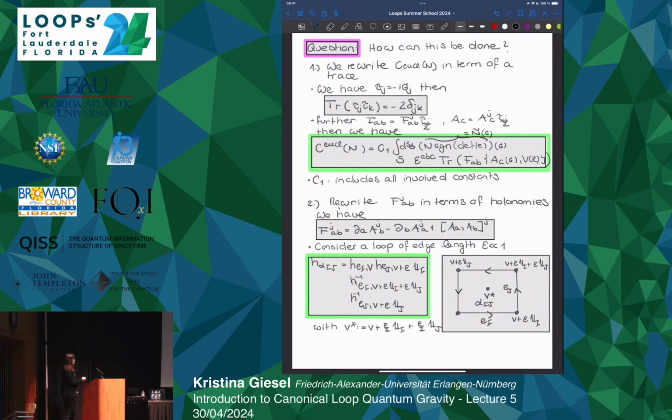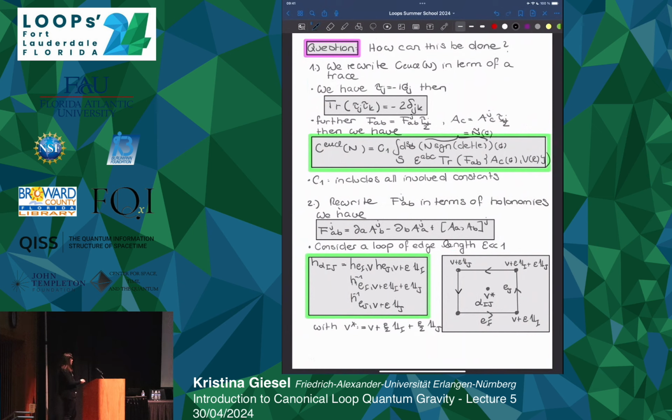Now, in order to approximate this, we use techniques which also people in lattice gauge theory have used before. So we consider a loop which starts at a vertex V here. Then we go along an edge e_i to this vertex V plus epsilon in the i direction.